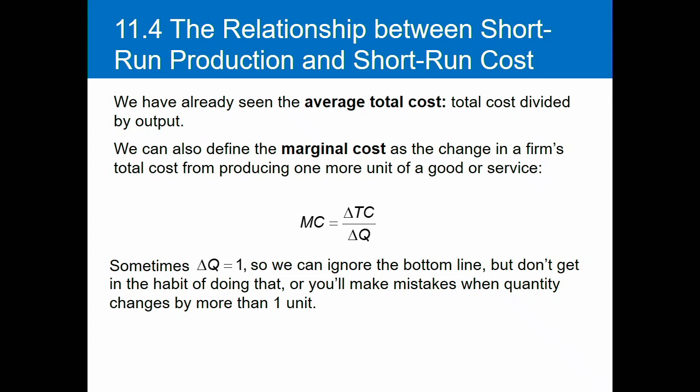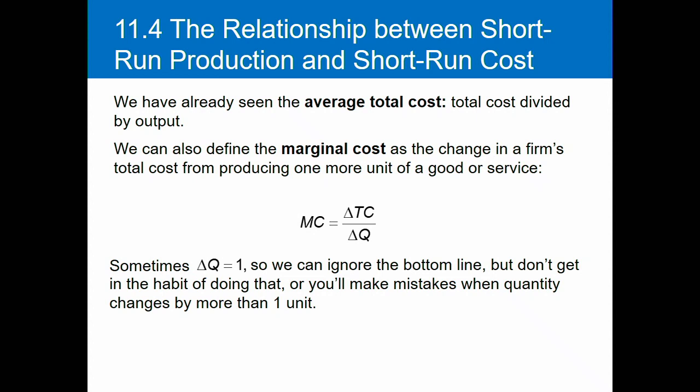The triangle, the Greek letter delta, just means change when we're using formulas. Again, I'm not going to expect you to memorize this equation. But the basic idea is, what's the change in total cost as you change the quantity of labor. For our examples, the change in the quantity of labor is always going to equal 1.